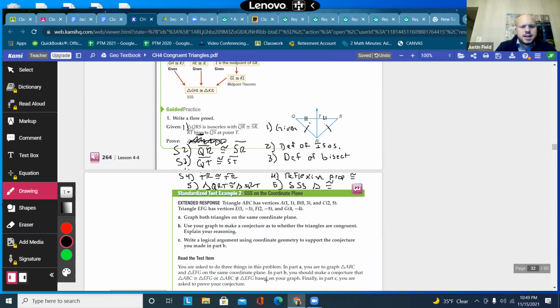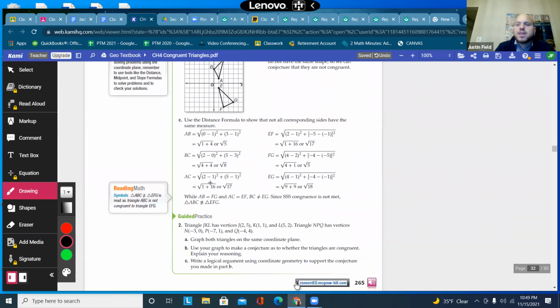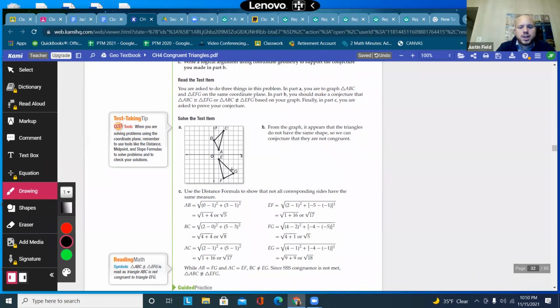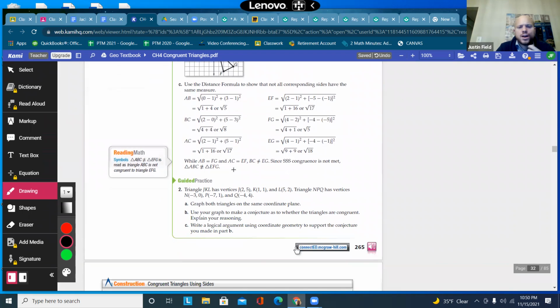All right, side, side, side on the coordinate plane, we're going to use the distance formula. So we will look at that again. I'll play a song for you. I sung it. It's a song. Don't you worry. We'll be singing. All right.